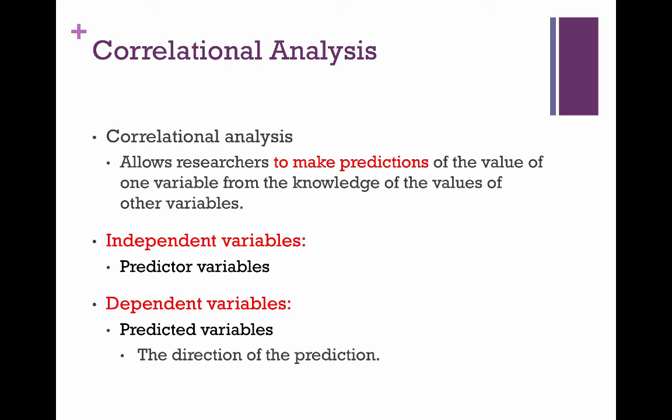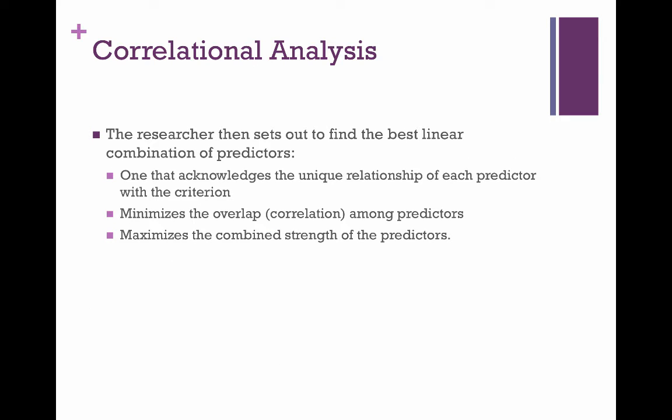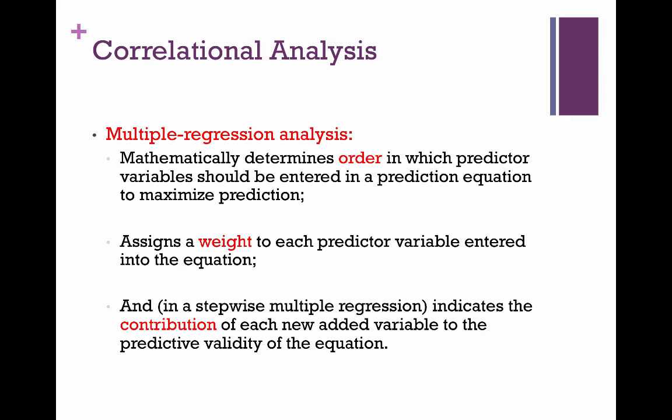Independent variables can be our predictor variables, and dependent variables can be our predicted variables. The researcher then sets out to find the best linear combination of the predictors, one that acknowledges the unique relationship of the predictor with the criterion. It minimizes the overlap, the correlation among predictors, and maximizes the combined strength of the predictors.